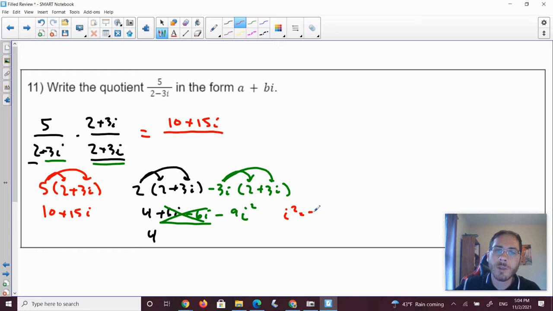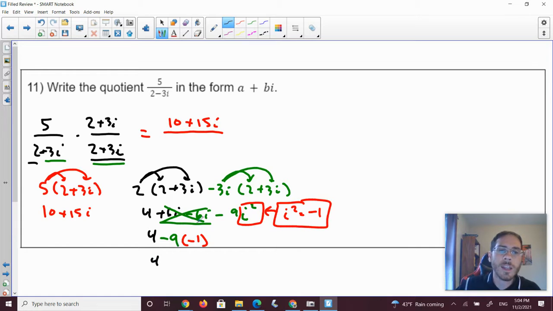Remember, we're going to turn i squared into -1. So we've got minus 9 and then parentheses -1 because we're replacing i squared with -1. All right, well, 4 stays as 4, but -9 times -1 is +9. So we're going to end up with 13.